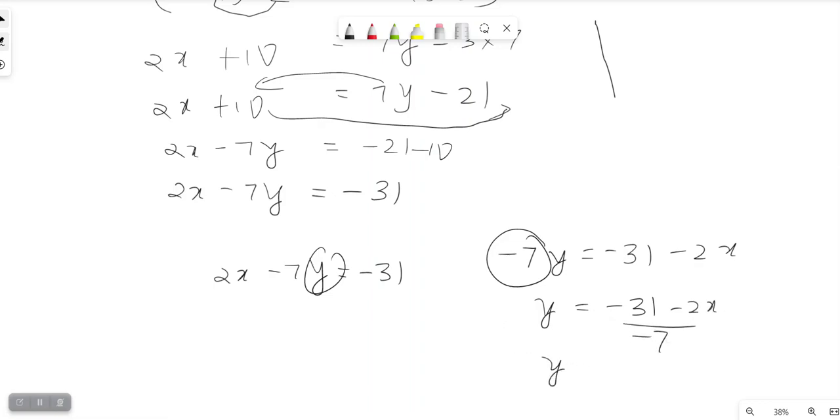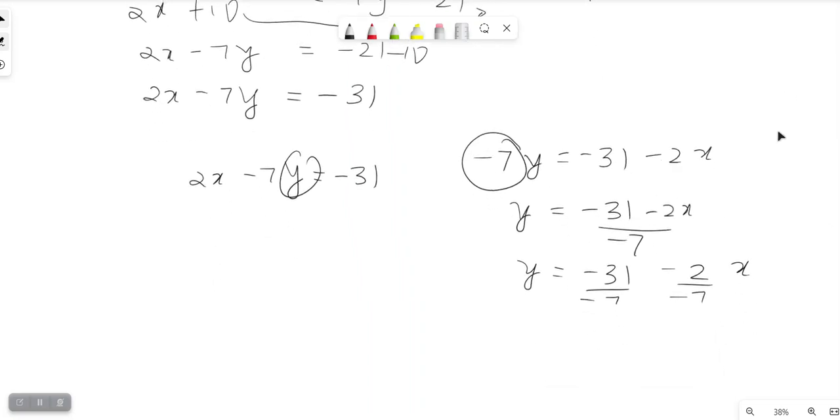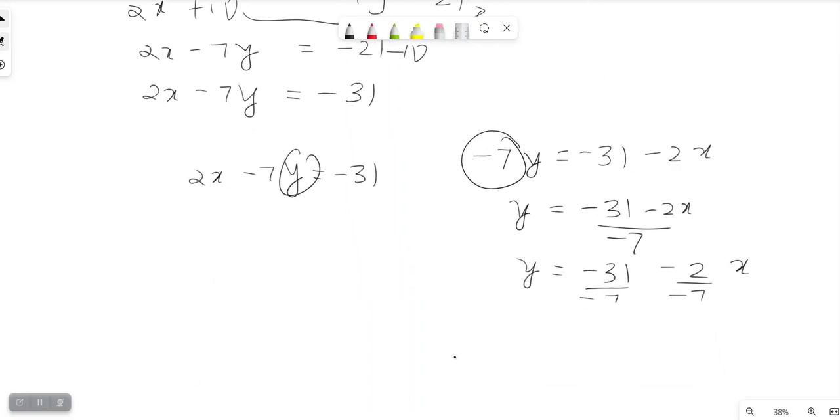So you get this as minus 41 upon minus 2, and minus 7 upon minus 2 is the coefficient of x. So therefore you get your slope as minus 7 by minus 2, which is the same as 7 upon 2. Okay.